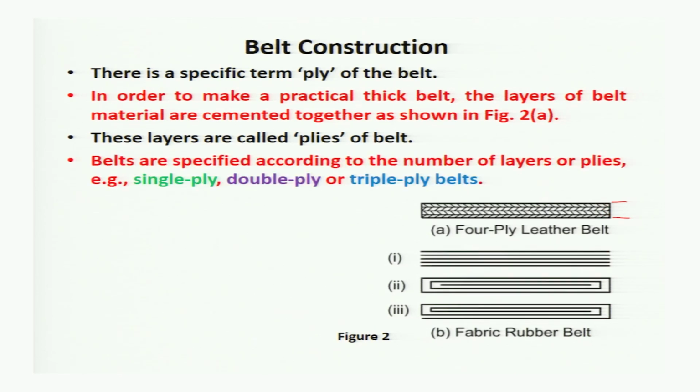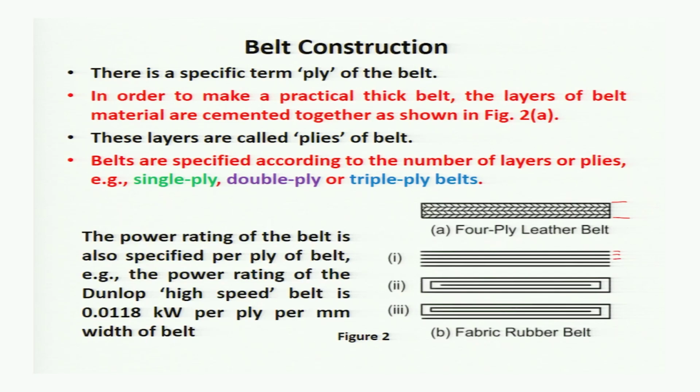Belts are specified according to the number of layers or plies. For example, single ply, double ply, triple ply. In the case of leather belt, if 3 layers are there, then it will be called triple layer. Similarly, in the case of fabric rubber belt, if 3 layers are there, then it will be called triple ply belt. The power rating of the belt is also specified per ply of belt.